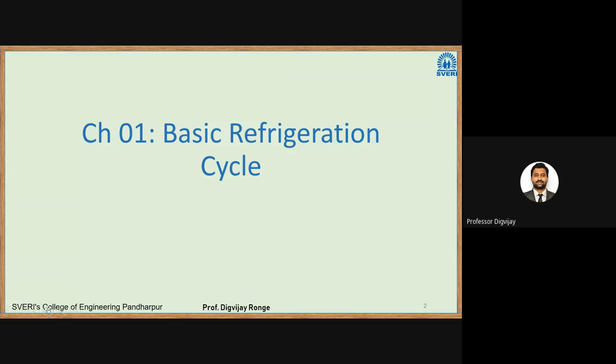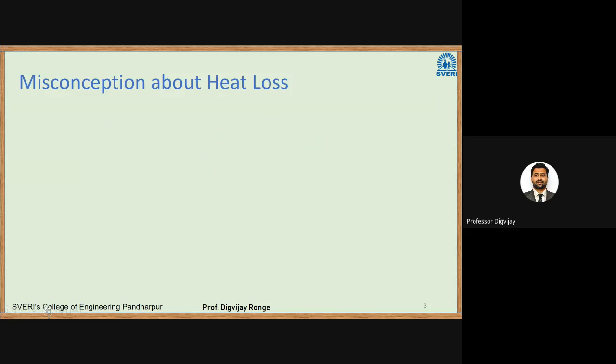Before going to that point, let us understand this misconception about heat loss. From your second year of mechanical engineering, you have been studying heat loss. Let us say it's a heat engine. What a heat engine does is take energy from the source.